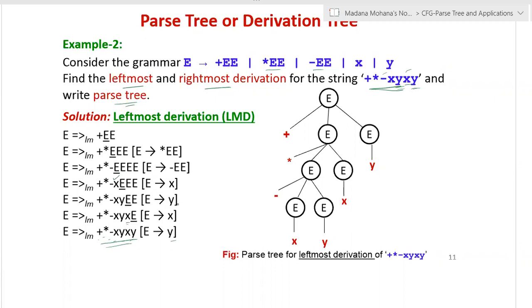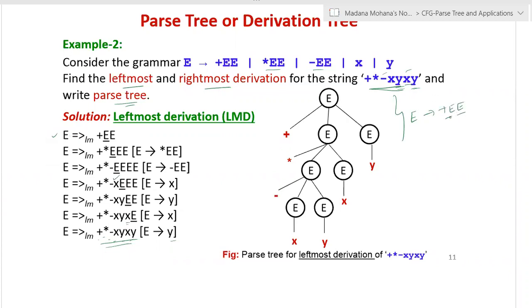Now the same thing you can represent in the form of a derivation tree or parse tree. Here you can see the same process. First, we have taken E as the root, the starting variable. Then its children are plus EE, connected to the root from left to right. This part is constructed using the production E derives plus EE.